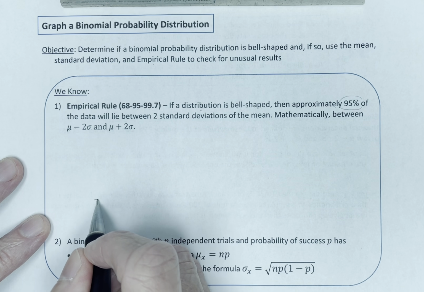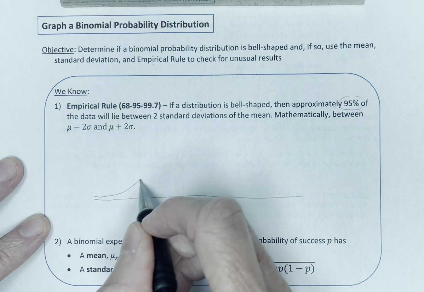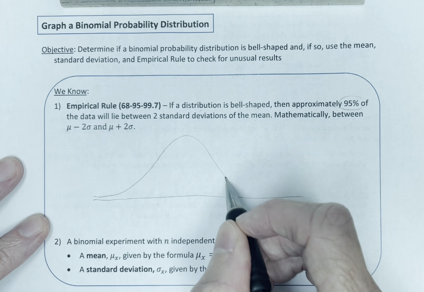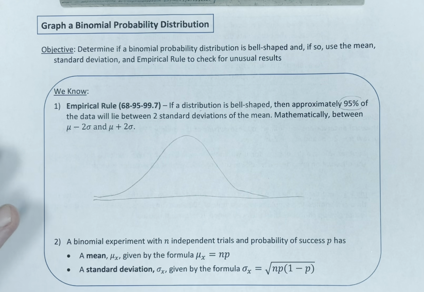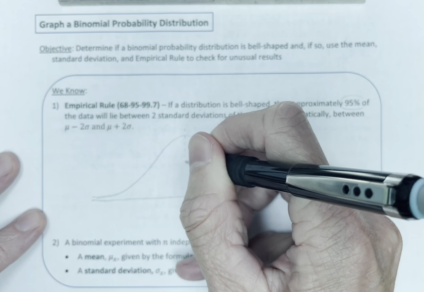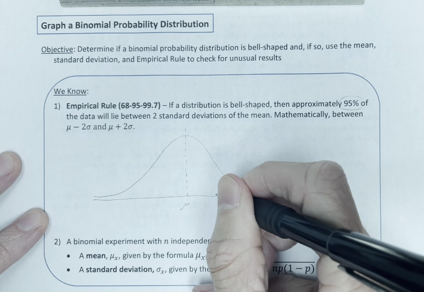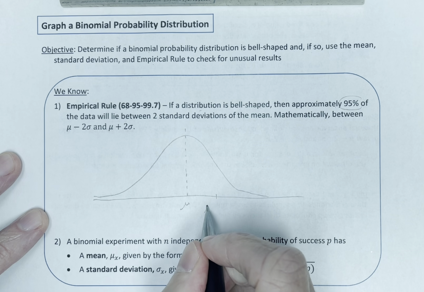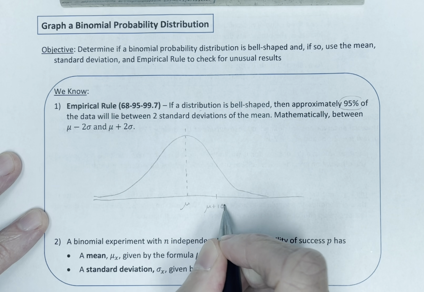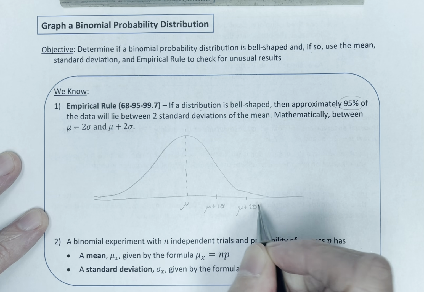So let's just remind ourselves what that looks like. Here is our bell-shaped distribution. Nothing fancy. I'm not the best drawer, but you get the idea. Right here is the mean. And we go out 1 standard deviation, so this is mean plus 1 standard deviation. We go out 2 standard deviations above.